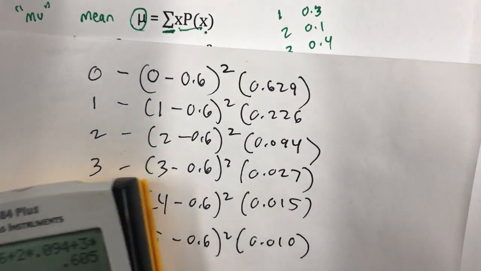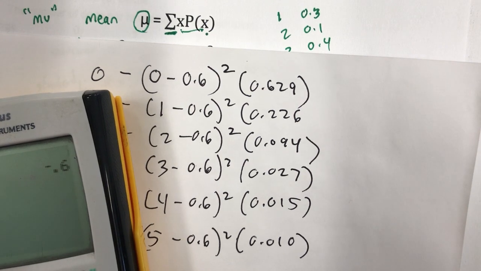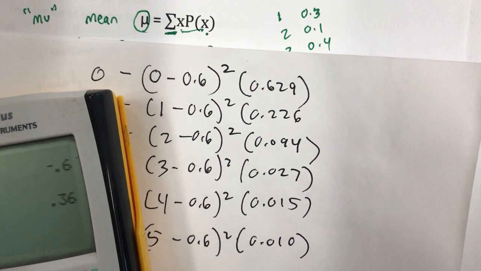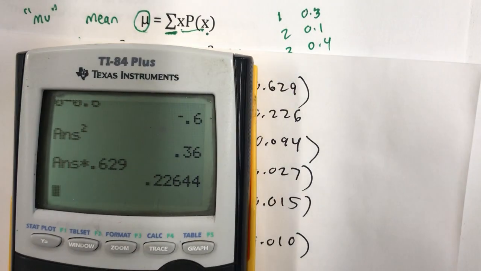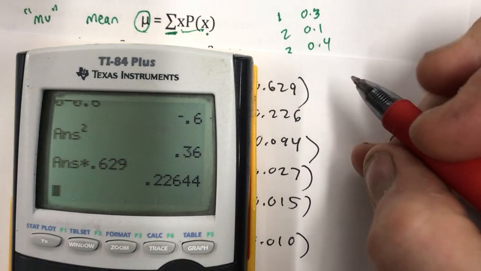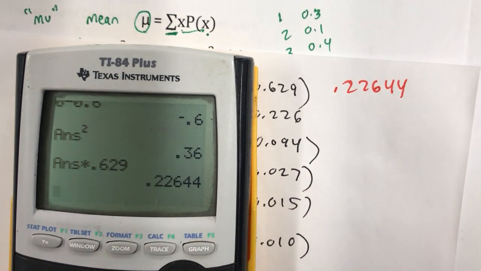Okay, so starting with this one, 0 minus 0.6 equals, square it, equals, times 0.629, and I got this right here, 0.22644.